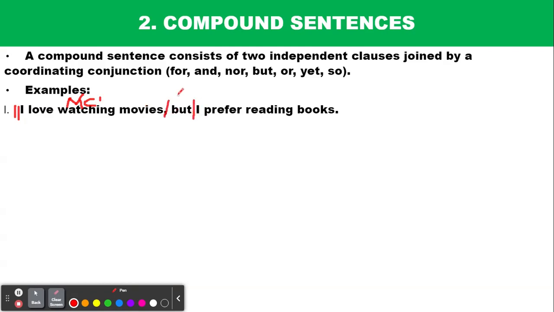This is the coordinating conjunction. We can call this CC, coordinating conjunction. And this is MC2, that is main clause 2. So you have two main clauses, which we can call independent clauses. So a compound sentence consists of two independent clauses joined by a coordinating conjunction. So that's exactly the way it is.